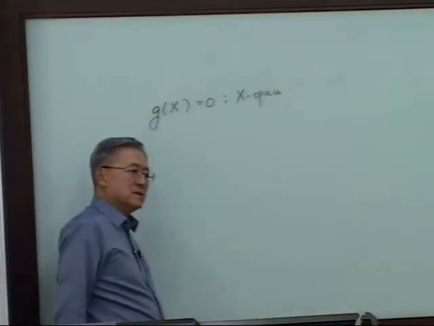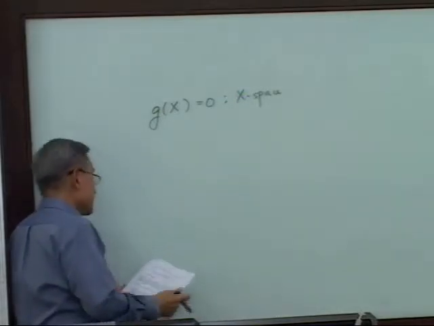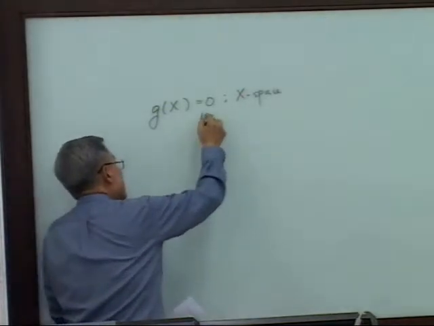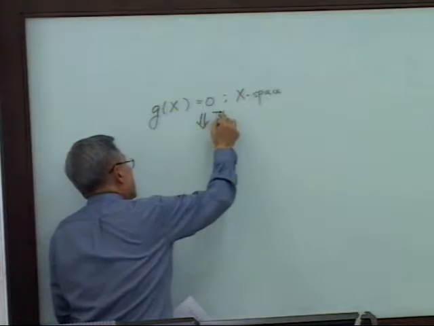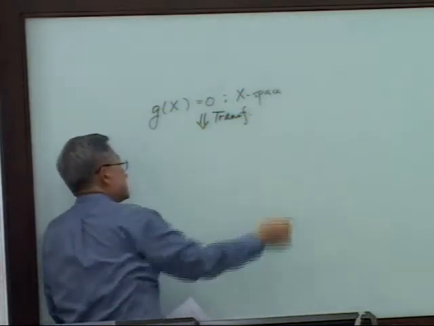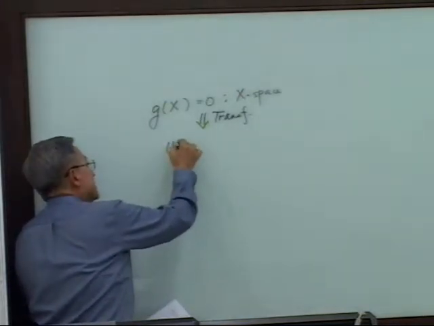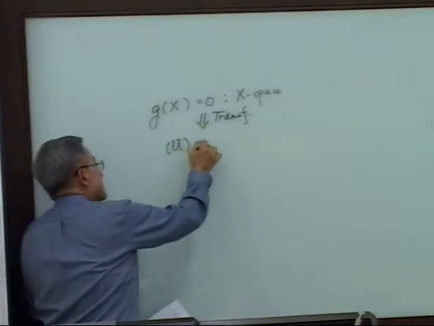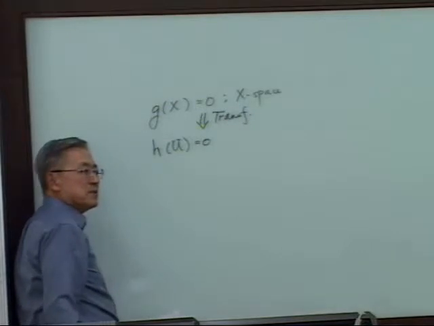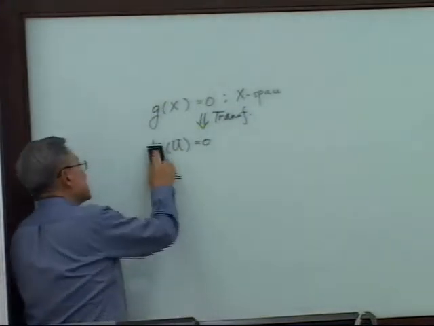Then you solve the problem set. So here, this is that, but in the U space now, apply the transformation. I can say now everything is in U space. You could use H, which simplifies the functional relation.